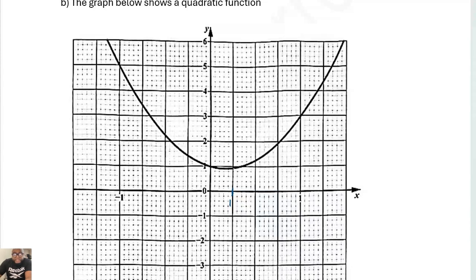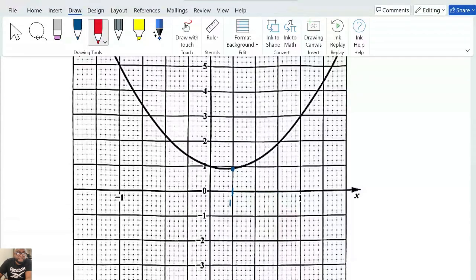Okay? You all know what a tangent is? If I'm doing a tangent to the curve at this point? All right, let's write a definition for tangent.